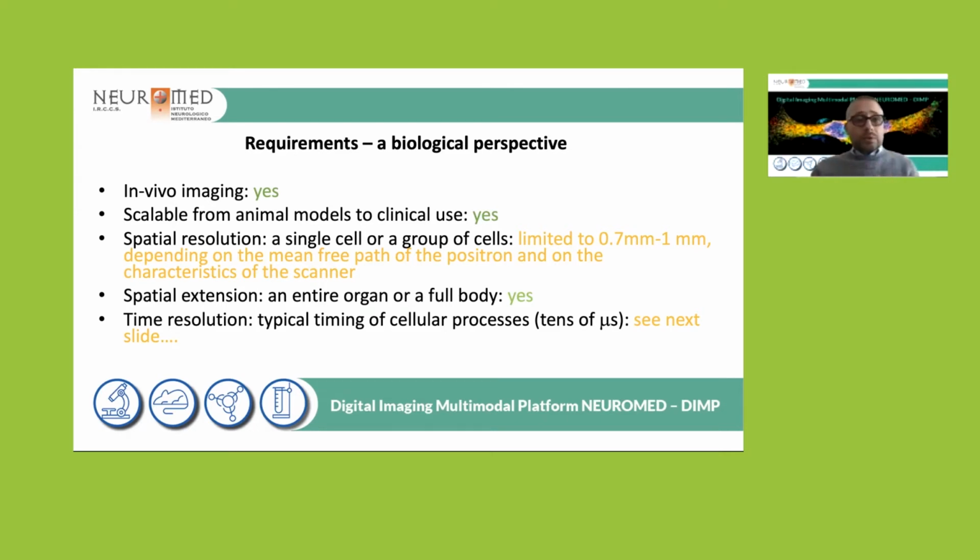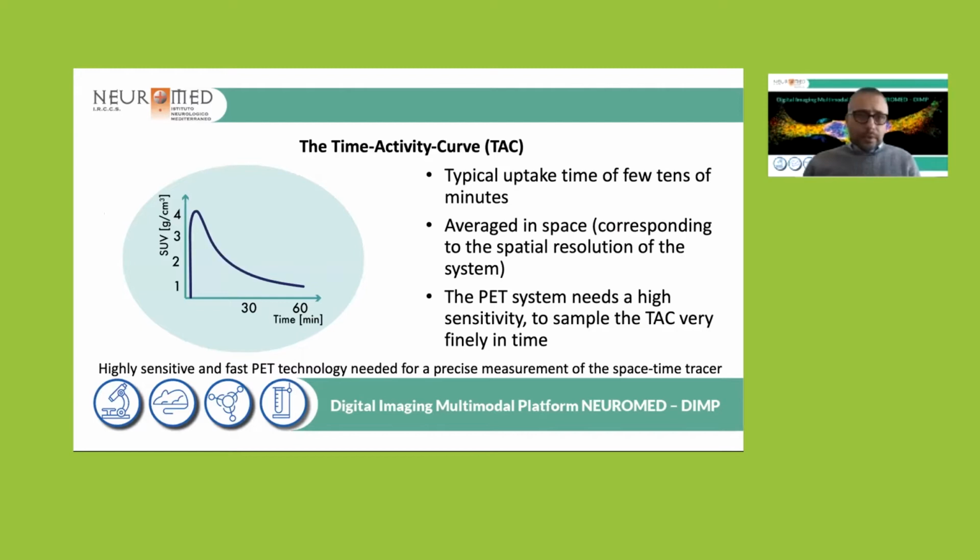And then time resolution, which is today one of the key points. Can we get typical timing of cellular processes? See next slide. So let's zoom in on the kind of measurement we can do.